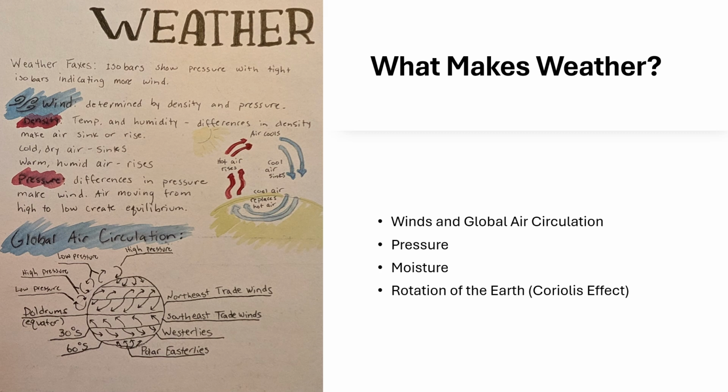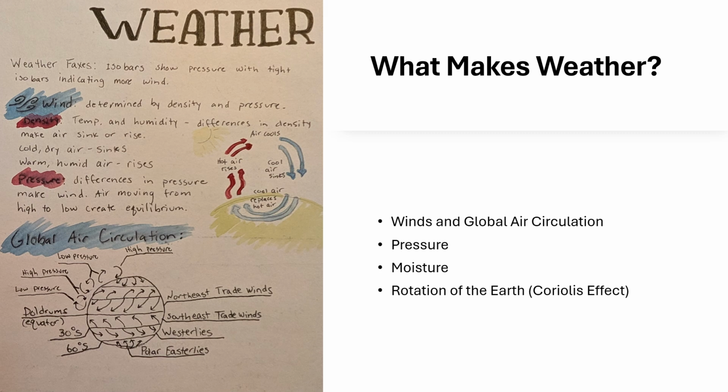creating our weather systems. And the most basic way I can describe the Coriolis effect is, imagine you're throwing a ball while standing at the North Pole aiming for the equator. The ball would not land straight in front of you due to the Coriolis effect, so it would land slightly to the right because of the Earth's rotation.